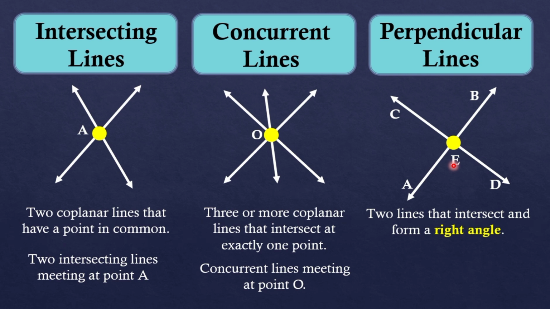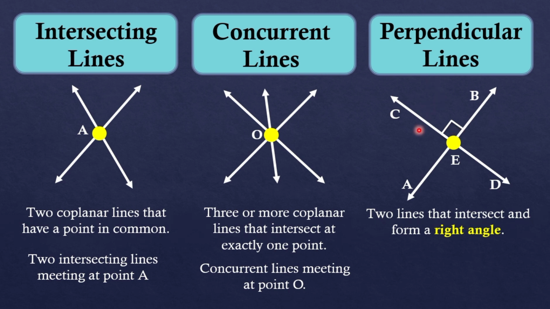Now, ang special sa kanya is nakakapag-form po siya ng right angle. So, kapag meron po tayong nakitang ganito, ibig sabihin that is a right angle. Okay? So, pag sinabi nating perpendicular lines, ibig sabihin, ito yung lines na nag-intersect na naka-form ng right angle.